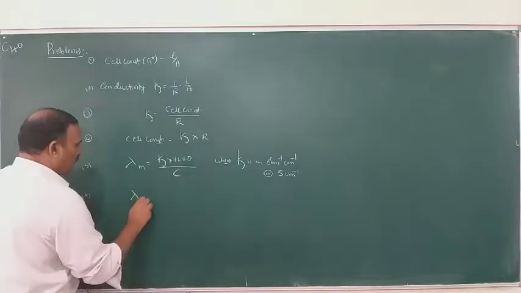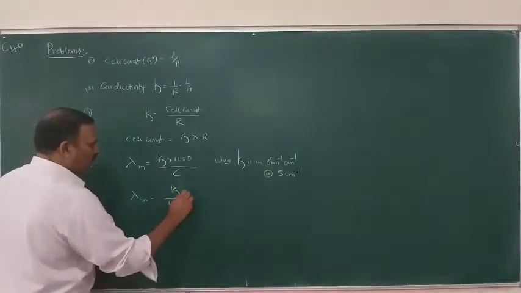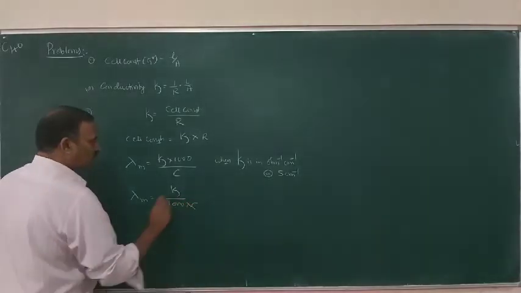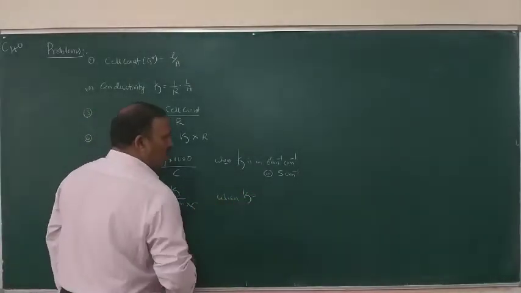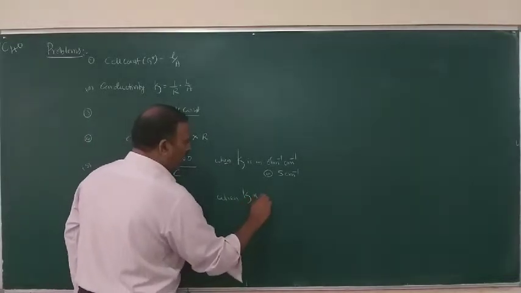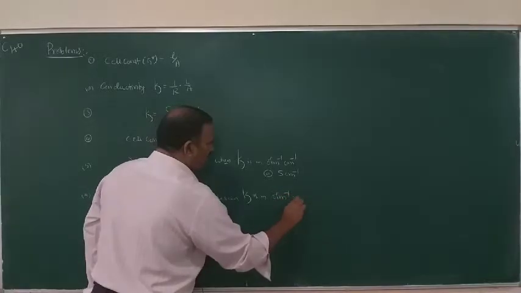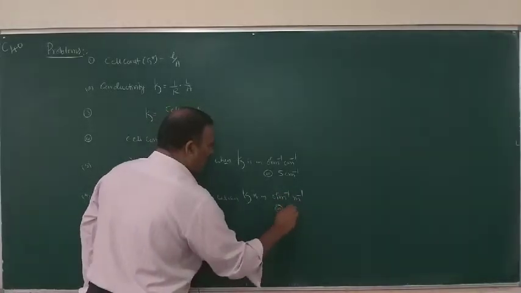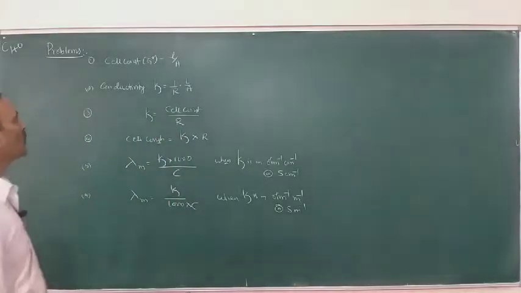So lambda m is equal to kappa divided by 1000 into c when kappa is in ohm minus 1 meter minus 1 or Siemens meter minus 1.